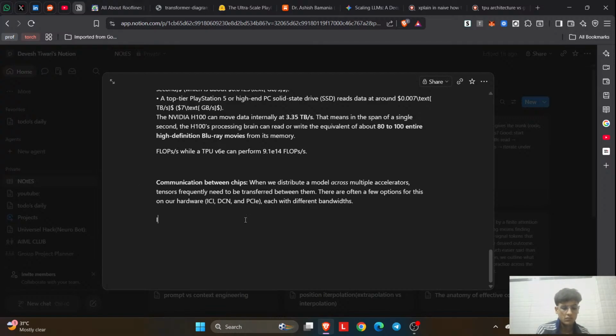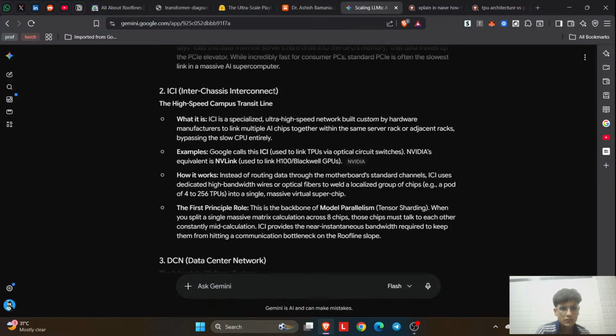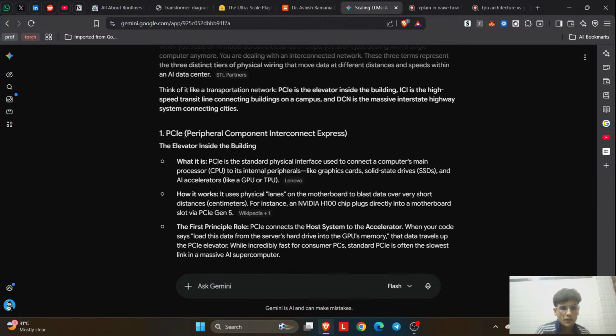ICI, DCN, then PCIe, peripheral component interconnect express.